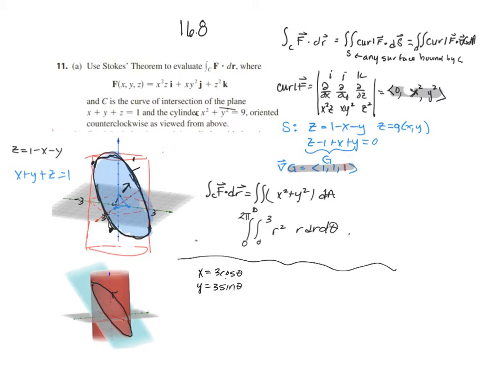But then to get z, well, z has to be in the plane, so 1 minus x minus y. So that would be 1 minus 3 cosine theta minus 3 sine theta. So if you were going to try to do this directly, this would be your parameterization for the curve. Theta would go from 0 to 2 pi, so once around.